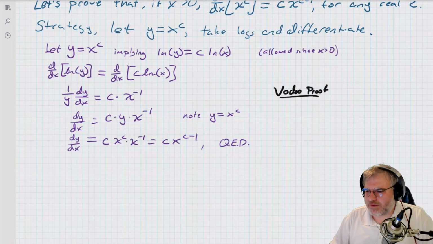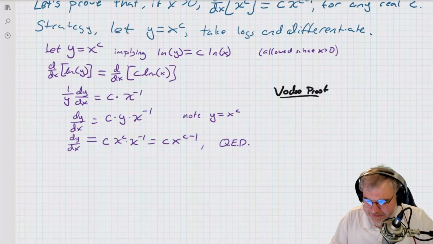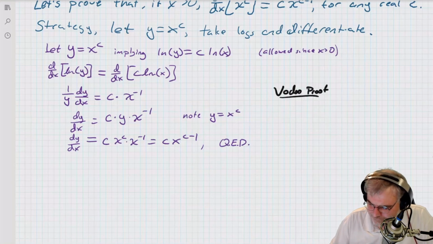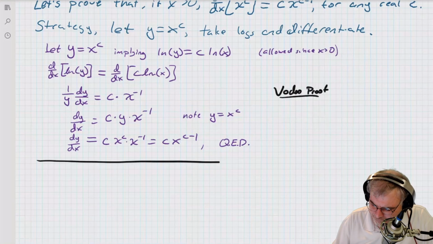Apparently, it's supposed to be voodoo, but then, I don't know. Voodoo proof works fine. Okay, that's kind of a weird thing. It just comes kind of from nowhere. But that's it.